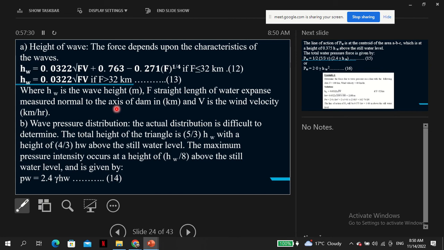So you need to know the F and the V so that you can calculate the height of the wave. So the wave pressure distribution, the actual distribution, is difficult to determine, of course. The total height of the triangle is about 5/3 of the height of the wave, with a height of 4/3 HW above the still water level.